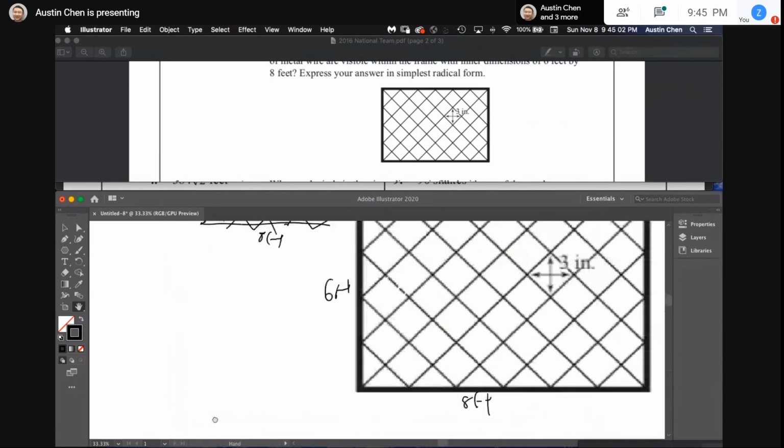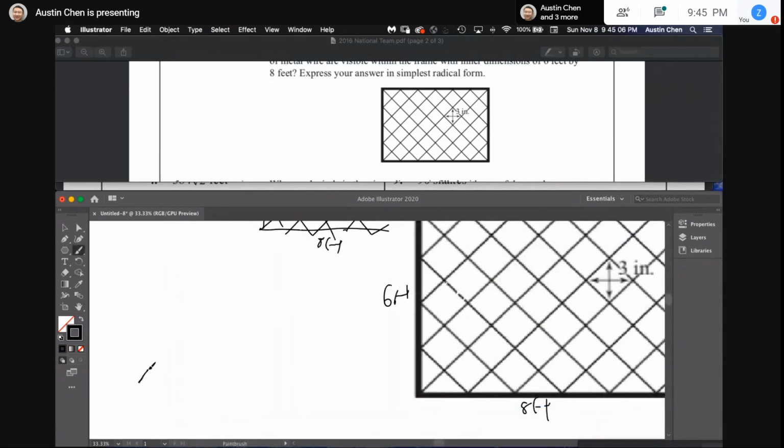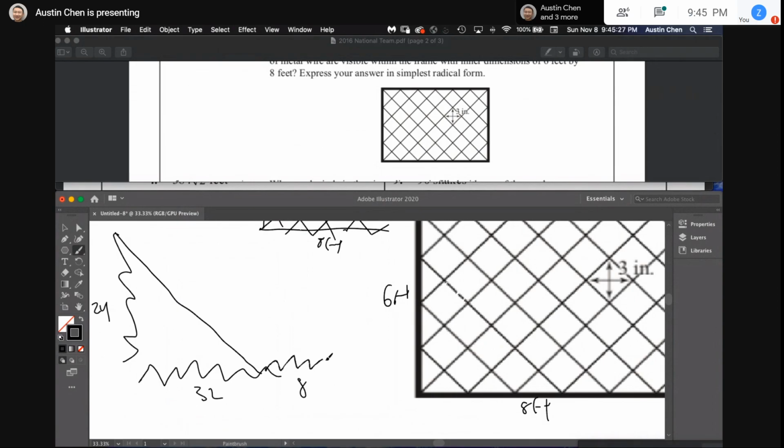These 24 triangles are going to connect with 24 of these triangles, and we will have 8 non-paired triangles right here, and these will just go like that.